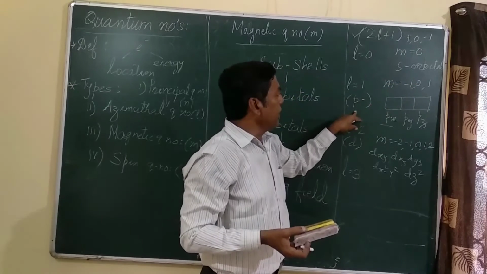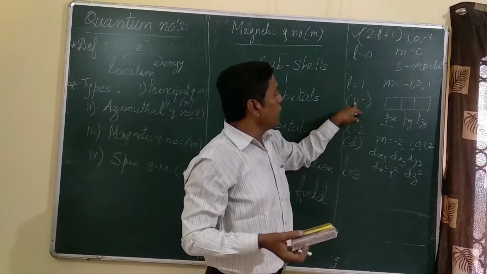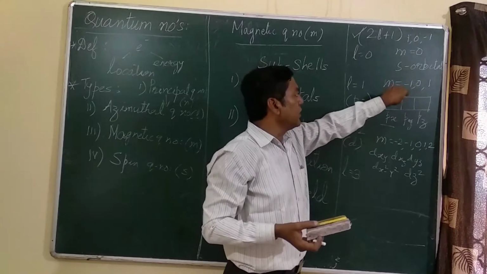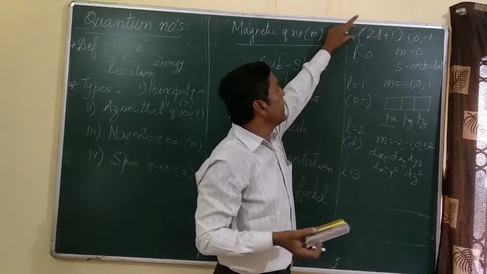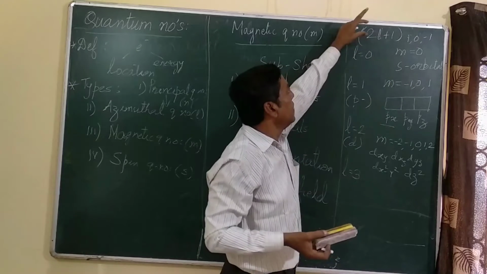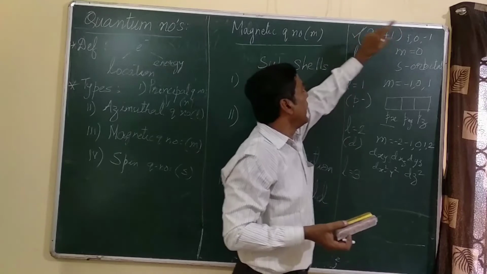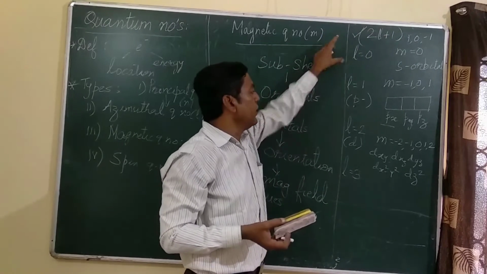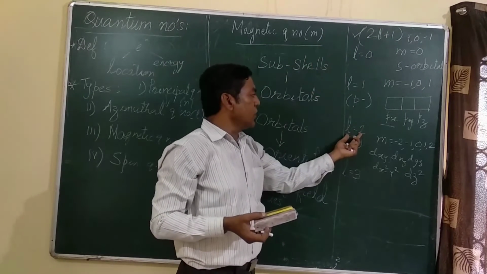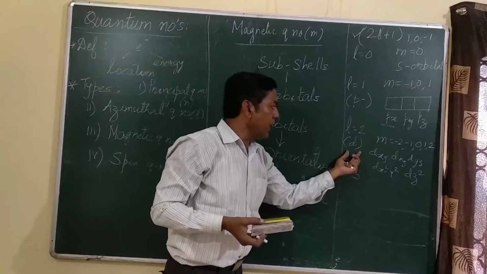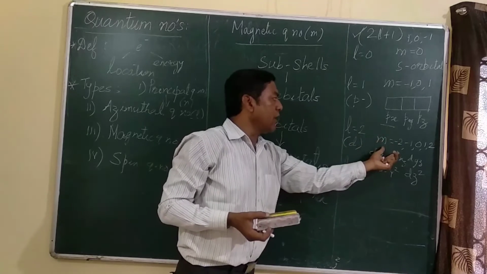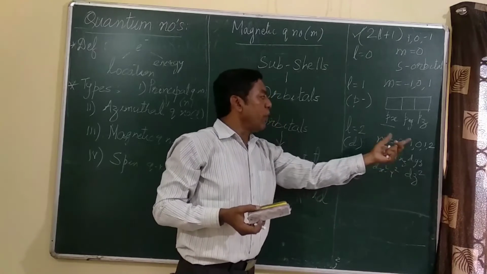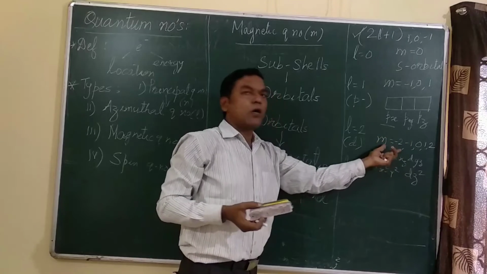If L is equal to 1, then the p orbitals have three possible orientations, and this can be represented by the formula 2L plus 1. Similarly, if L is equal to 2, this represents the d orbital, and here these are the 5 possible orientations of the d orbital, and so on.